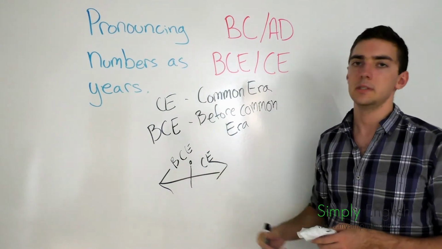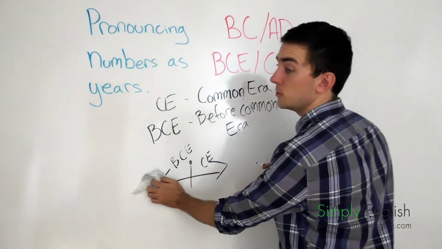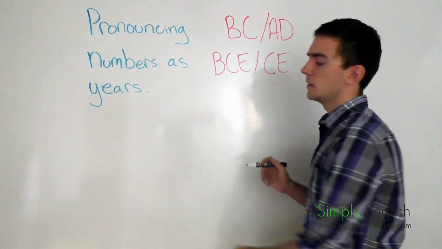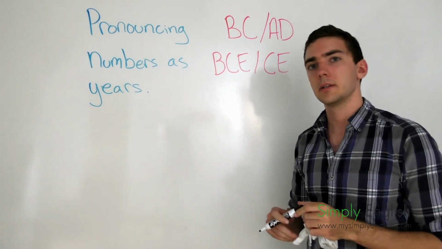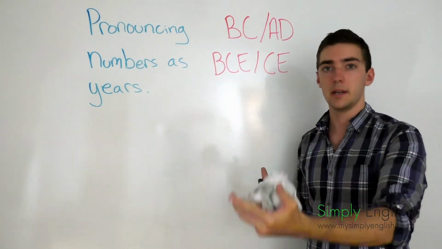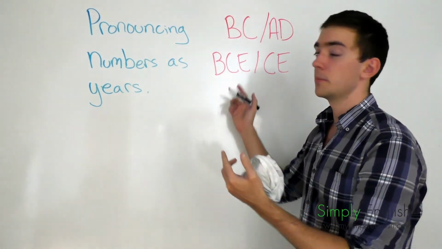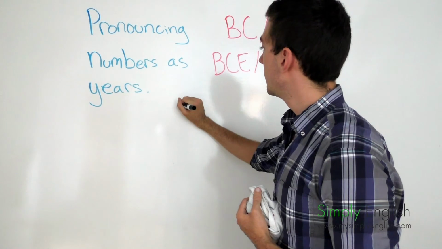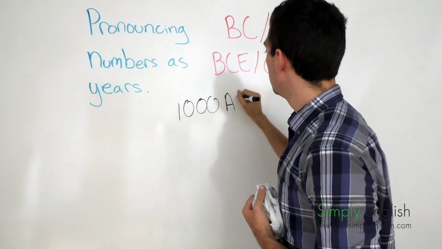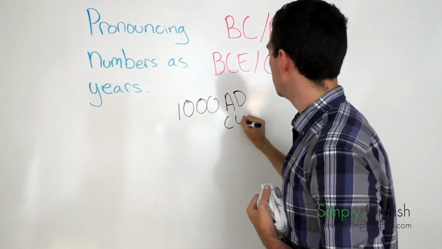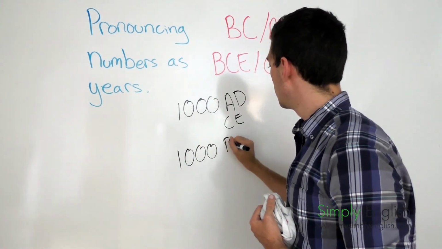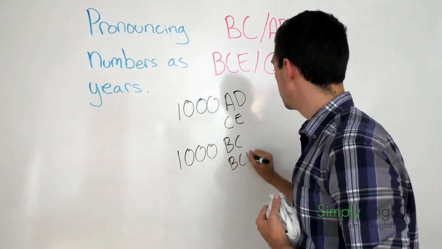So CE and BCE. So, how would we use this when telling time, or telling the years? If you want to specify a year as being in the current era or being in ancient times before the Common Era, you would say, let's say, 1000 AD or CE, or you would say 1000 BC or BCE.